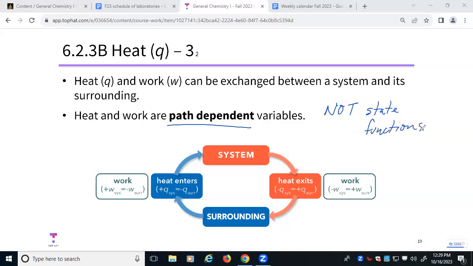On Friday, we defined the concept of a state function. That is something measurable that we could determine based upon just simply the before and after, and not necessarily what happened in between. So we talked about the idea of 2 hikers on a mountain path. One climbs up the face of the mountain itself.